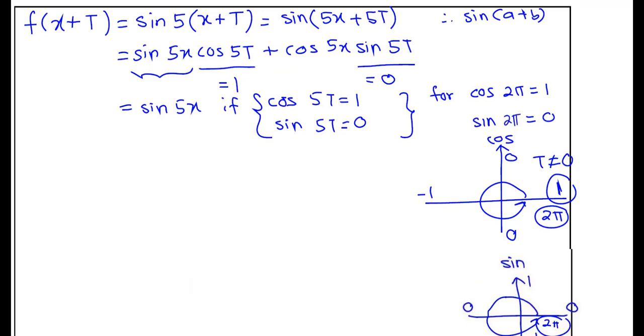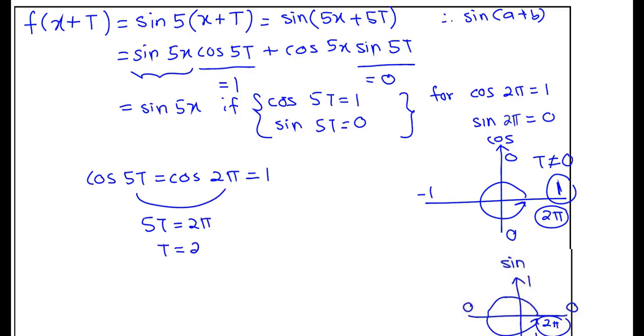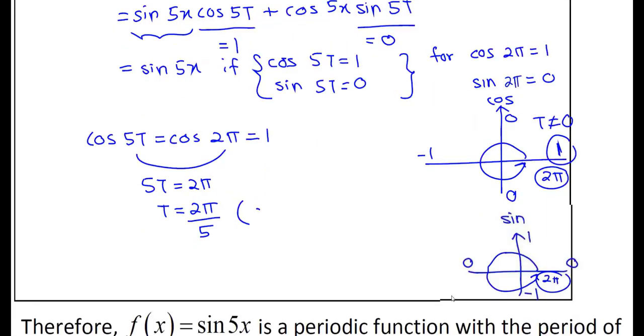We know that when cos 5T is equal to cos 2 pi, it is equal to 1. So 5T is equal to 2 pi, and T is equal to 2 pi over 5. This is the smallest value, and this is the answer.